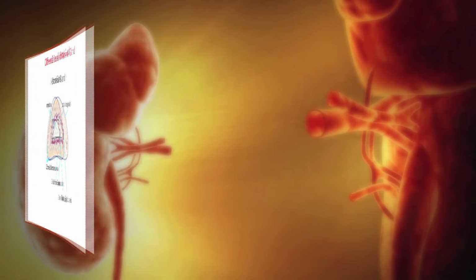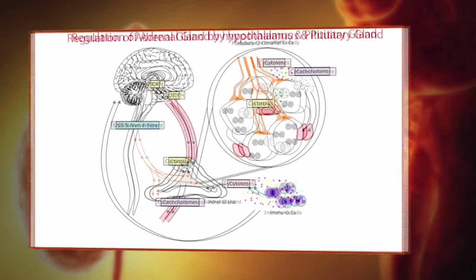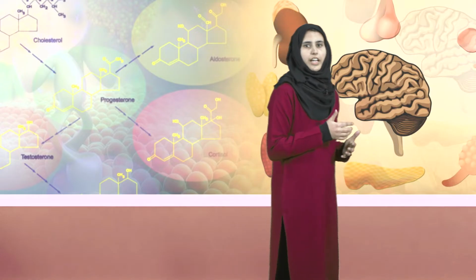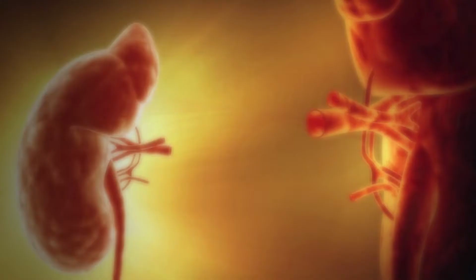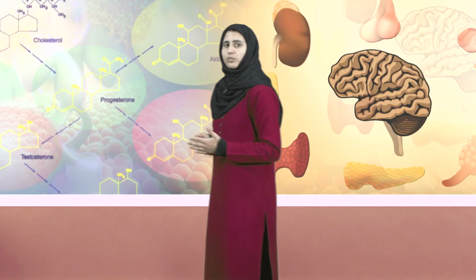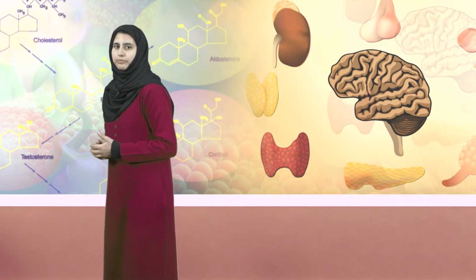Rather than releasing a neurotransmitter, the cells of the adrenal medulla secrete hormones. The adrenal medulla is comprised of hormone-producing cells called chromaffin cells. The chromaffin cells secrete an unequal amount of two hormones, namely epinephrine and norepinephrine, which are also known as adrenaline and noradrenaline respectively.